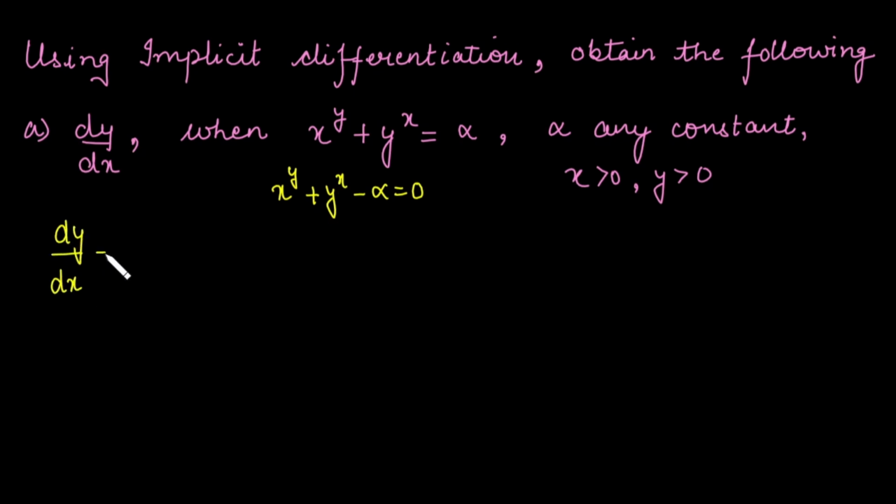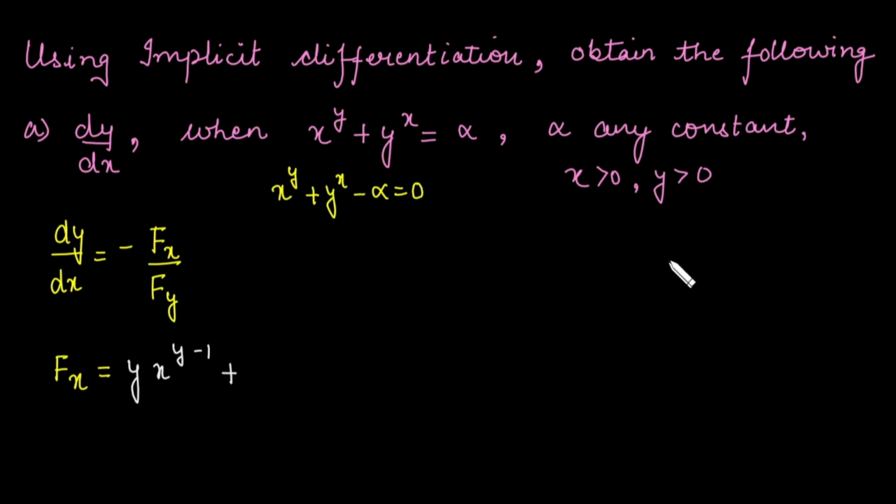That is calculated as negative of the partial derivative of the function with respect to x divided by the partial derivative of the function with respect to y. Now what is the partial derivative of the function with respect to x? In this case, we will keep y as a constant. The first term's derivative with respect to x is y into x raised to power y minus 1, plus the derivative of this term with respect to x.